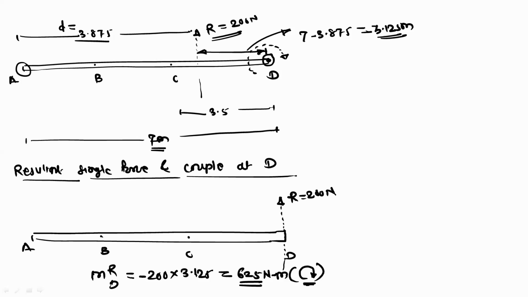Okay. So clockwise is nothing but the negative value. So in this diagram, we can show the moment in the clockwise direction, and this value M is equal to 625 Newton meter. Okay. So this is the resultant single force and couple system at point D.